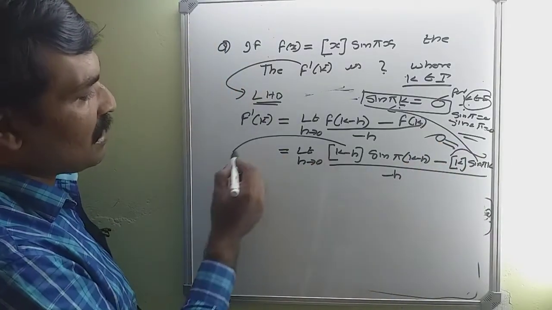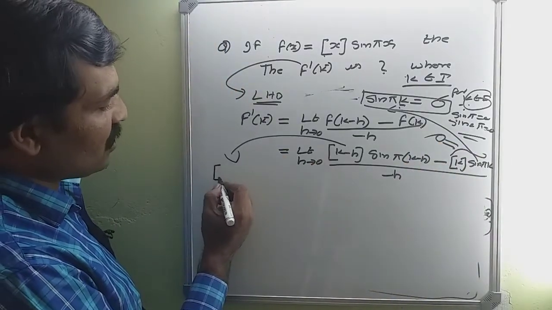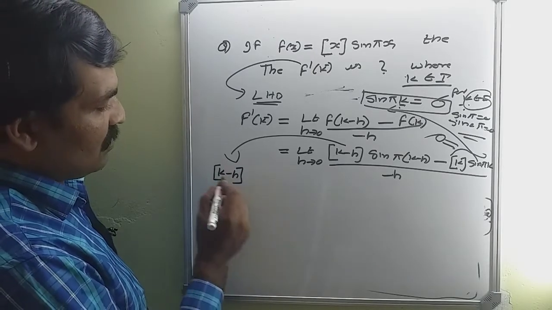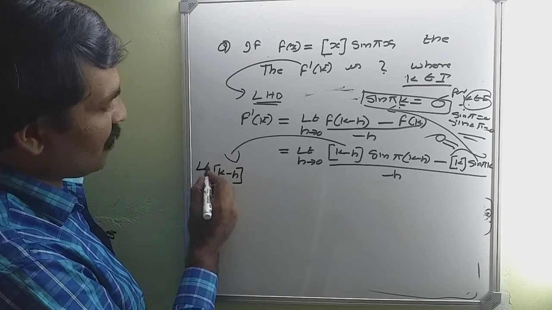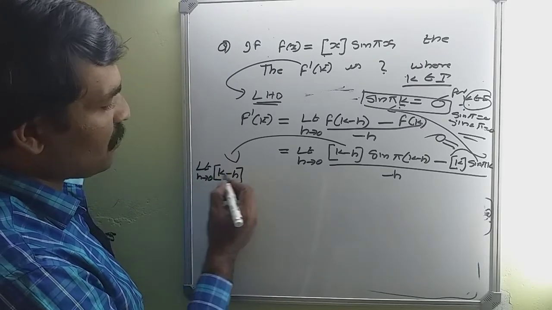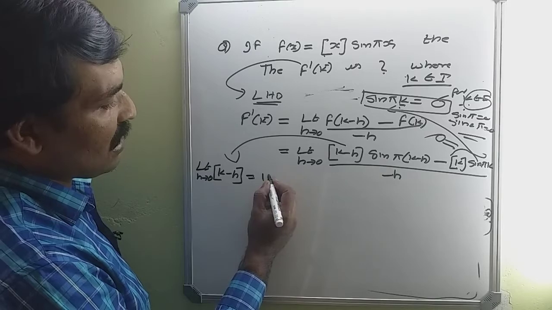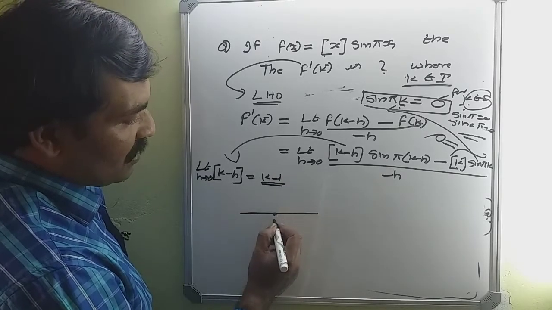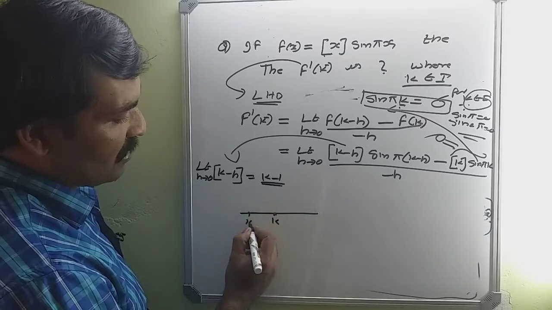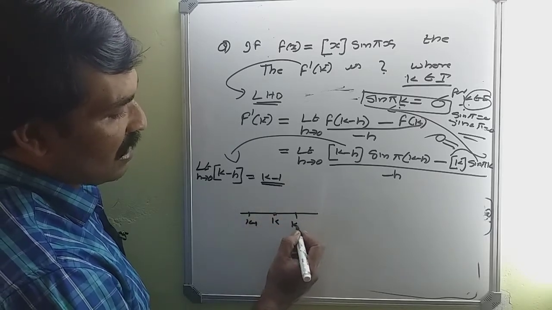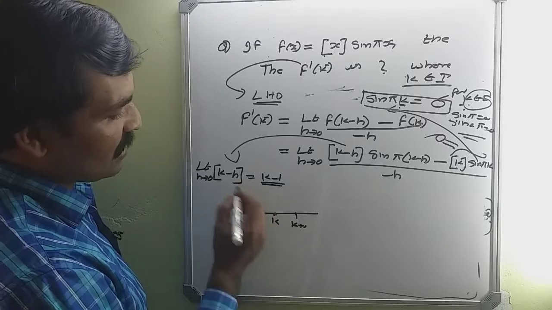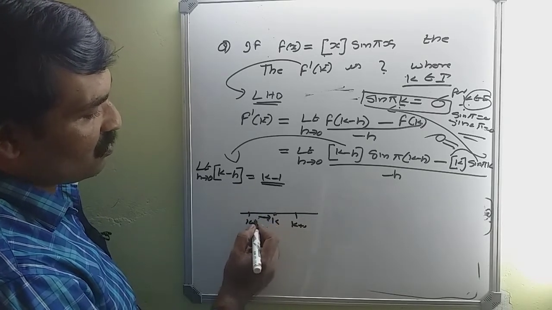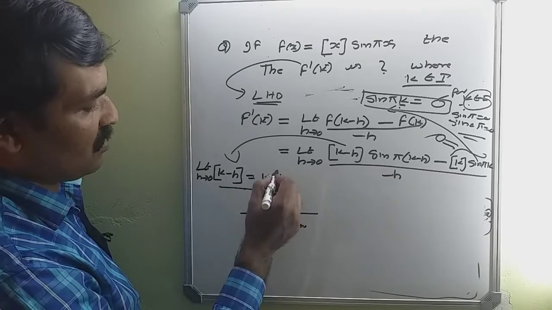Then what about k minus h? Greatest integer function of k minus h. That means as h tends to 0, k minus h is in the region to the left of k, between integers k minus 1 and k. So the greatest integer function is equal to k minus 1.